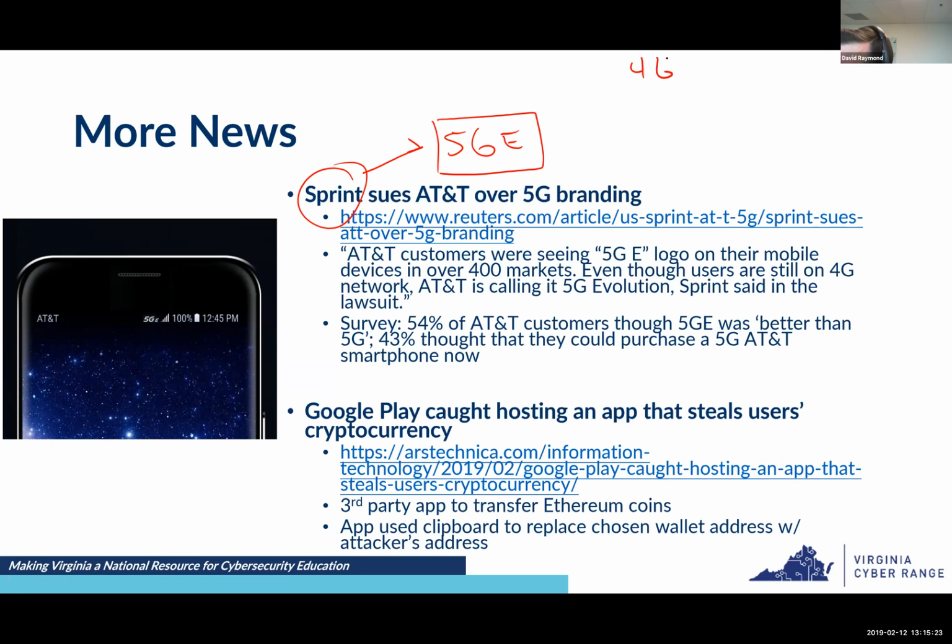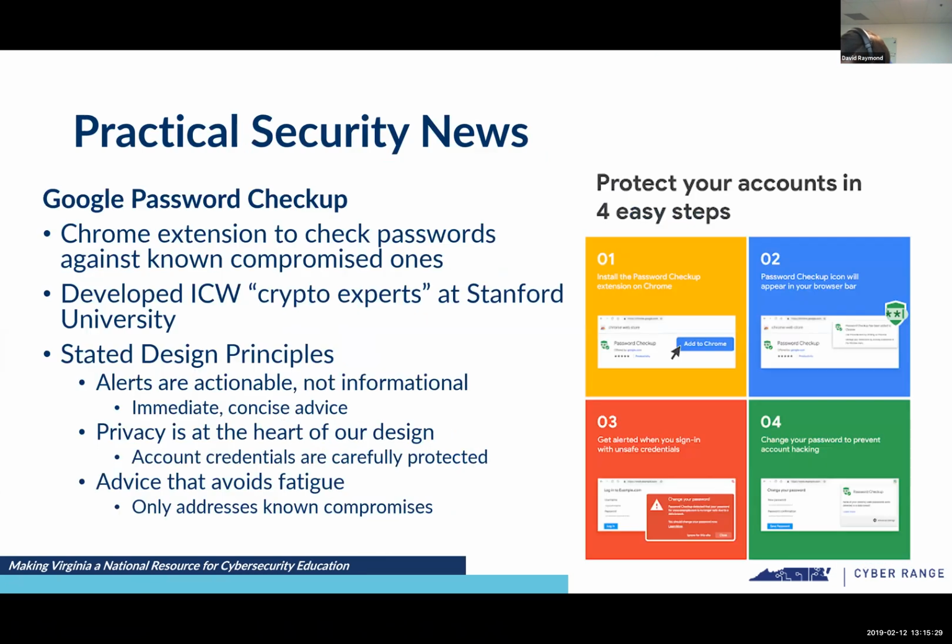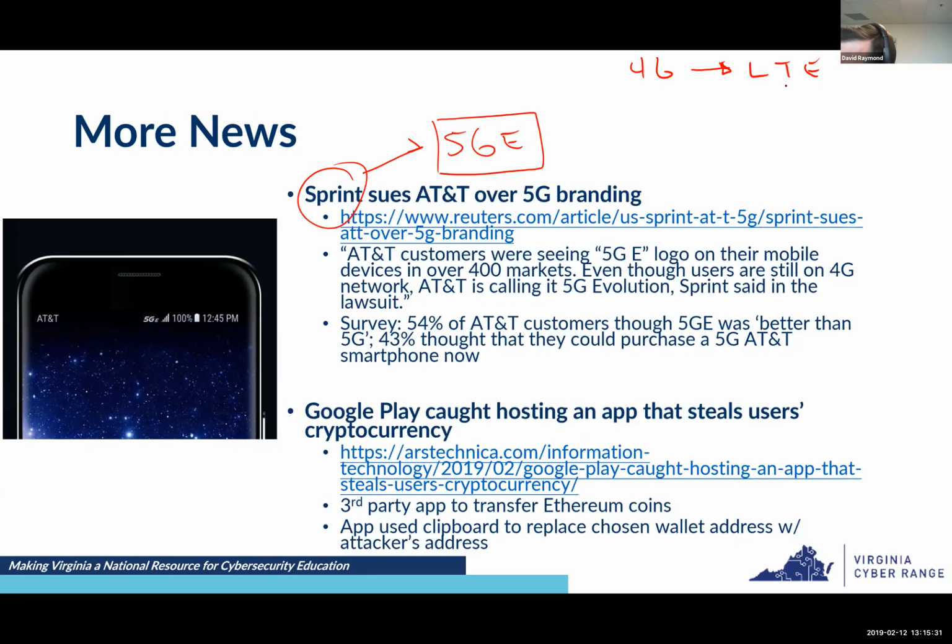Most people have 4G cellular, and the specific type of 4G that people use these days is this thing called LTE, which stands for long-term evolution, I believe. So that's what you see in the corner of your smartphone. Like over here, here's an AT&T phone, and it says 5GE in the corner.